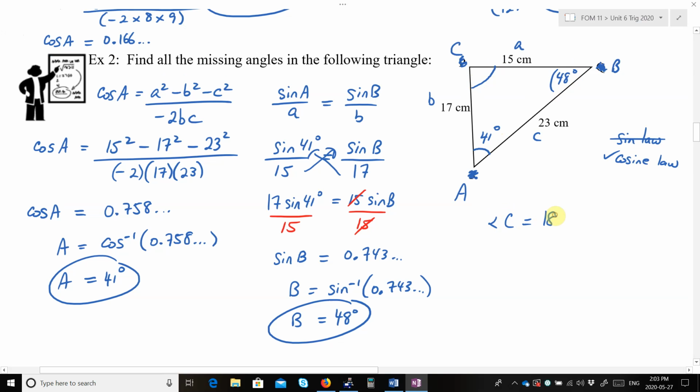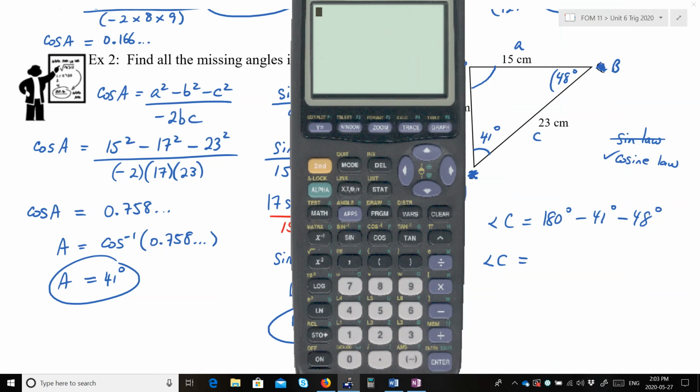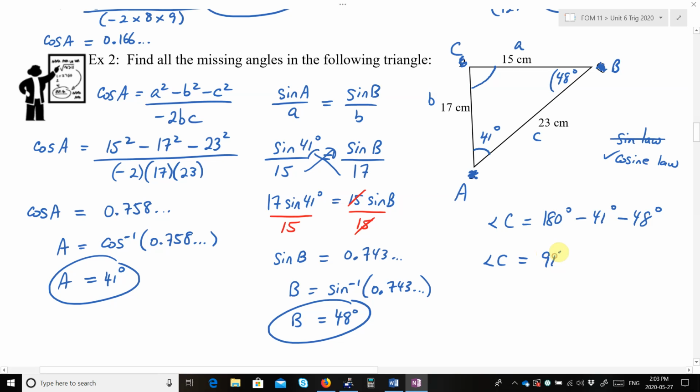Angle C is equal to 180 degrees minus 41 degrees minus 48 degrees. Okay, because the angles in a triangle have to add to 180. So 180 minus 41 minus 48, and we get 91 degrees. And that is how you do example 2.